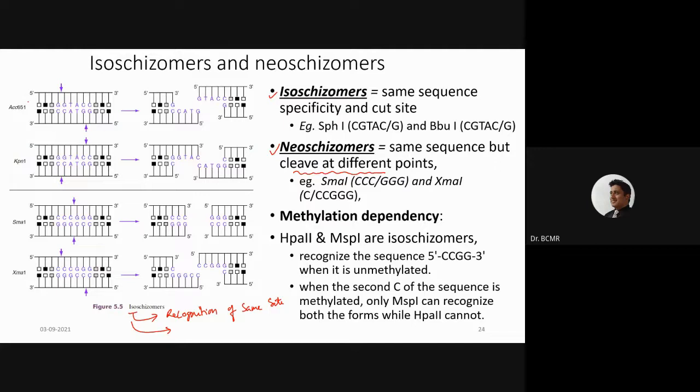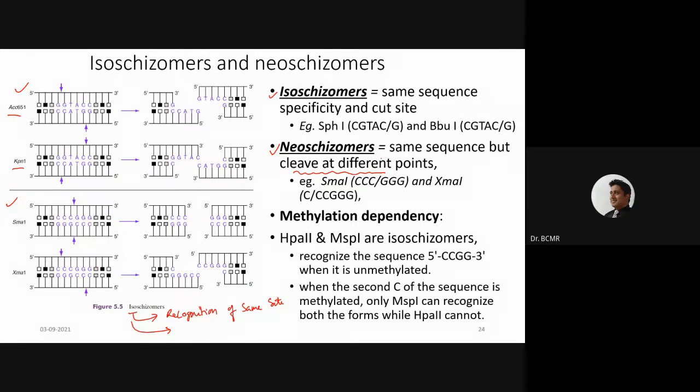As you can see, these two would also qualify as neoschizomers. So do these two, SmaI and XmaI. Here KpnI and Acc65I. These pairs qualify as neoschizomers because they recognize the same sequence but cut at different sites.